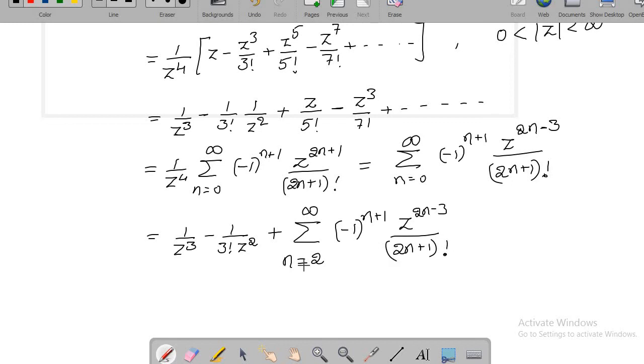If you want to start with n equal to 0, you can, but you need to change this index. So when n equal to 2, you are getting 1. Okay, let me make that change.